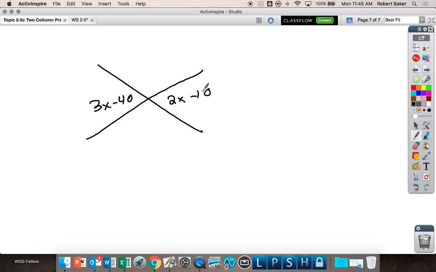Are those vertical angles? Absolutely. They are congruent. I'm asking you guys to make the jump that says 3x minus 40 equals 2x minus 10, because we just proved that in class today. Vertical angles are congruent, so ipso facto, they are equal to each other. And then you solve for the value of x.